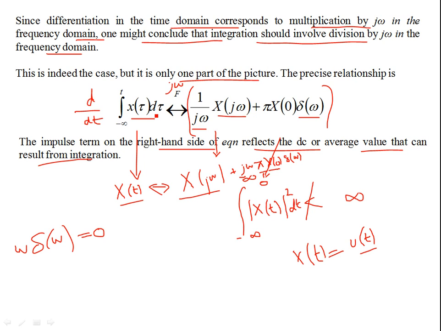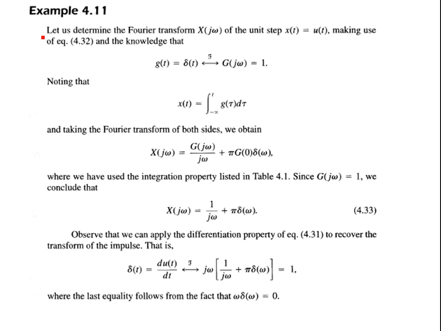The Fourier pair that results after integrating a signal x(t) will involve a delta function, given that the result contains any DC or average value. Let's take some examples to concretize our understanding of differentiation and integration.